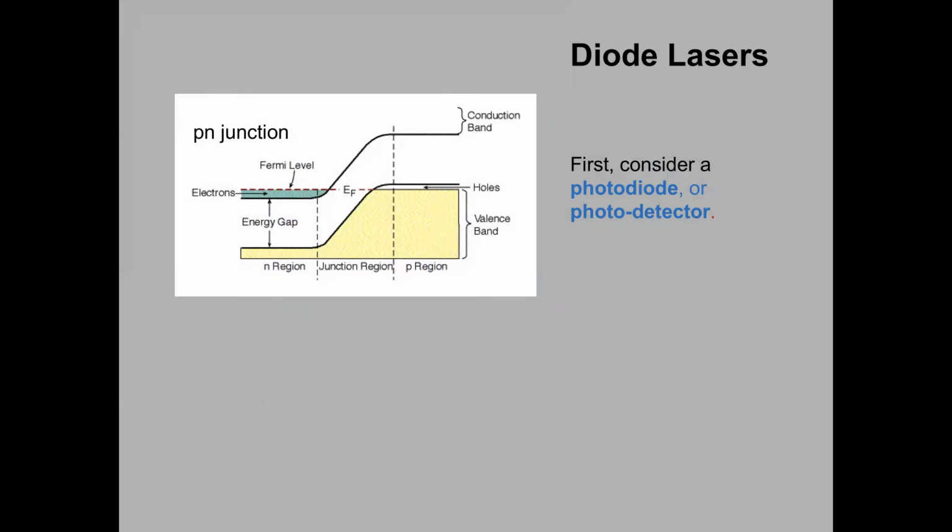I'll finish here with the diode lasers. Some of you have taken electronics, some of you haven't, but for those of you that haven't, don't worry too much about it. Diode lasers are based essentially on semiconductors and stacks of semiconductors, where one semiconductor has more negative charges.